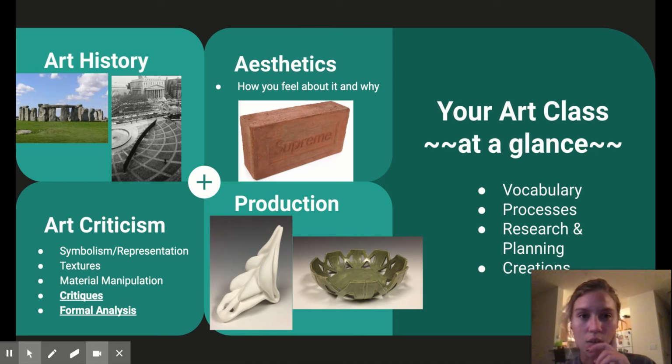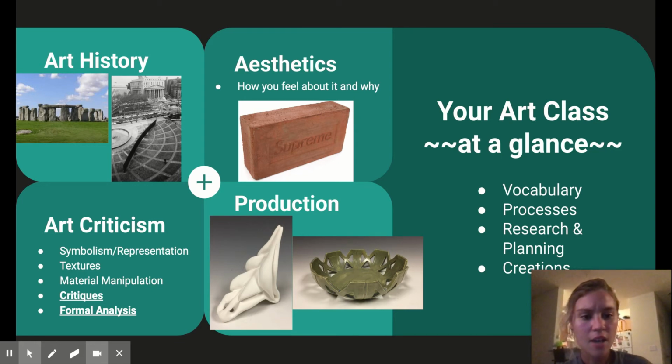And that is going into material manipulation. So that means, does it look good or not, and what they could have done to make it better, and going through the actual analyzing of the artwork. So those 2 bits that we use to talk about that are going to be critiques and formal analysis.